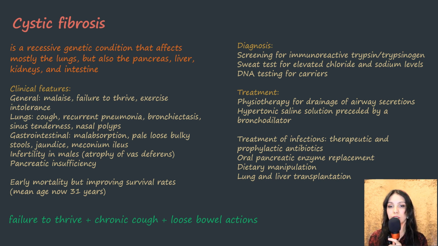General clinical features: malaise, failure to thrive, exercise intolerance, chronic respiratory problems like cough, recurrent pneumonia, bronchiectasis, sinus tenderness and nasal polyps, gastrointestinal malabsorption, pale loose bulky stool, jaundice, meconium ileus, infertility in males, and pancreatic insufficiency.